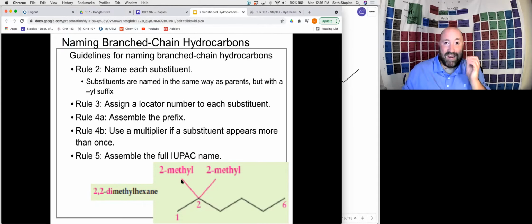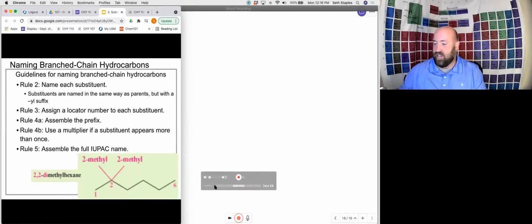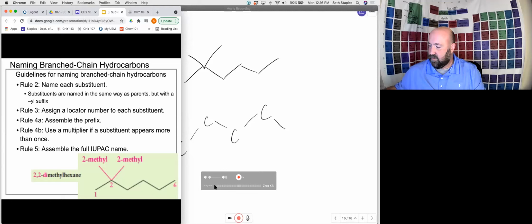And so again, if we sort of translate from the skeletal to a Lewis structure, just to see what that would really look like. So there's our skeletal structure. I'm not going to draw in all the hydrogens, but if we draw in just the carbons at least, it would look like this, and we would have those C's coming off.